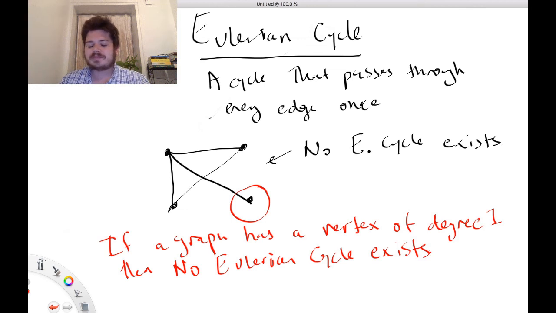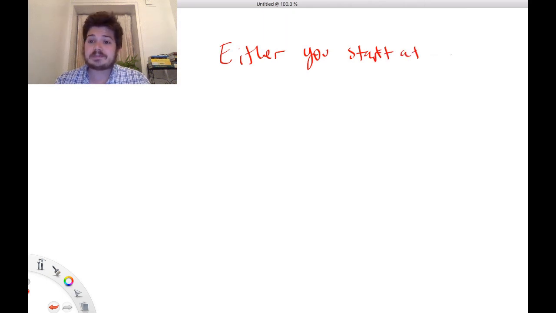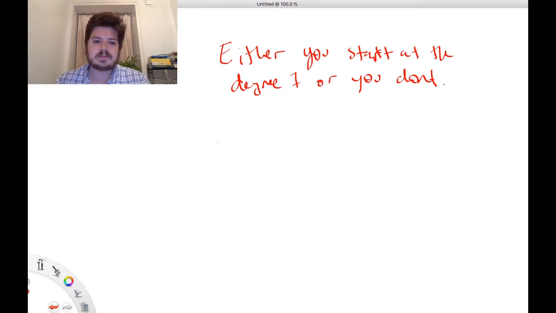So let's think about why that's impossible. There's two possibilities, right? Either you start at the degree 1 vertex or you don't. So let's suppose you don't start there.